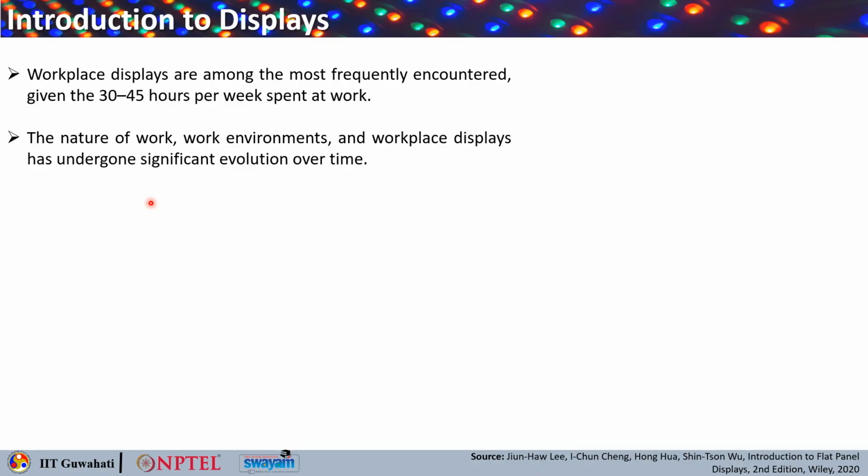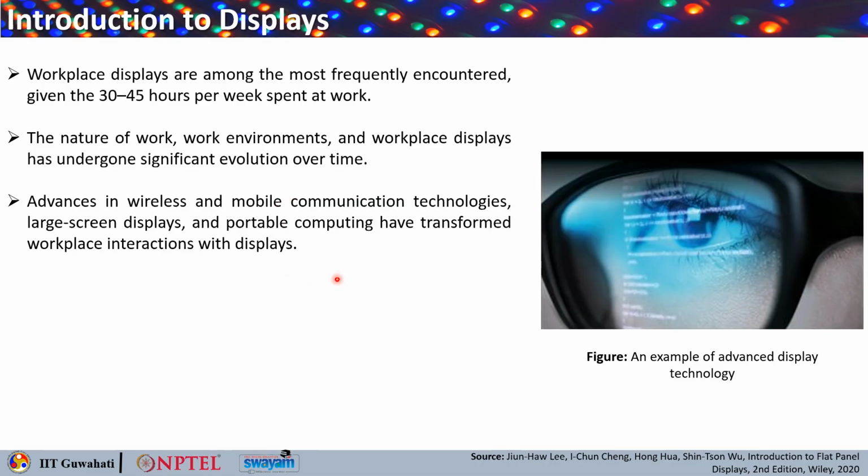Also, you will see that the nature of work and the work environments and the workplace displays, they have undergone significant evolution with time. Okay, people have already seen the advances in wireless and mobile communication technologies.